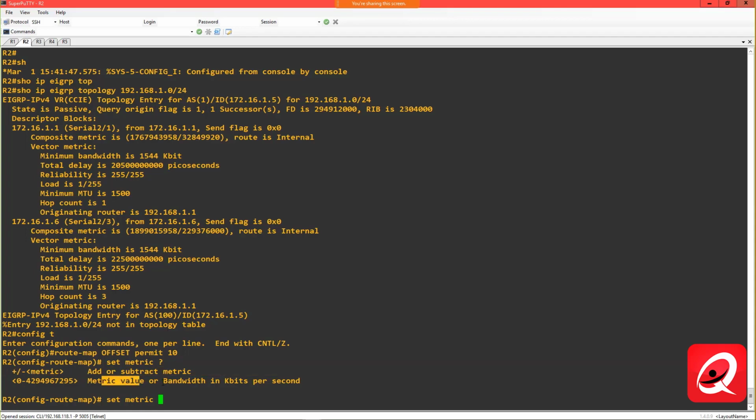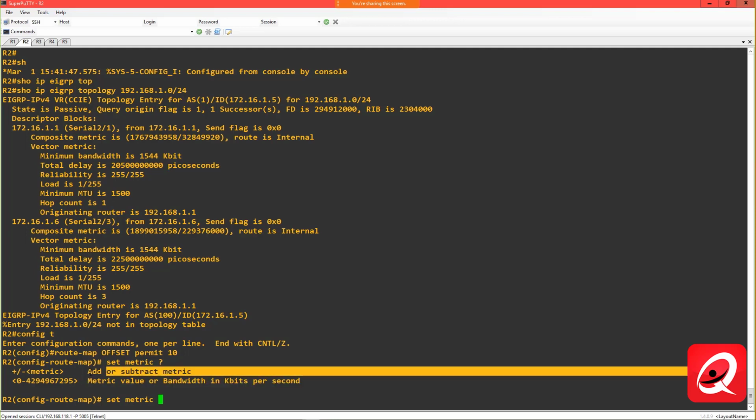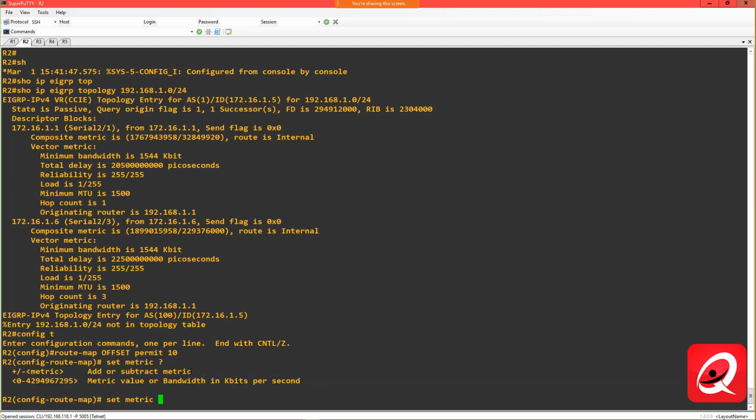So metric value or bandwidth in kilobits per second. Yeah, it may not apply to EIGRP. I knew there was a plus or minus. That's where I found it there, was adding and subtracting.